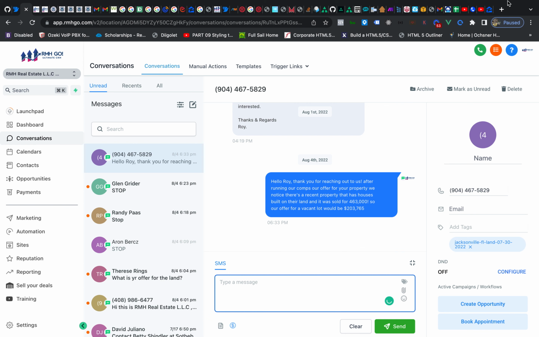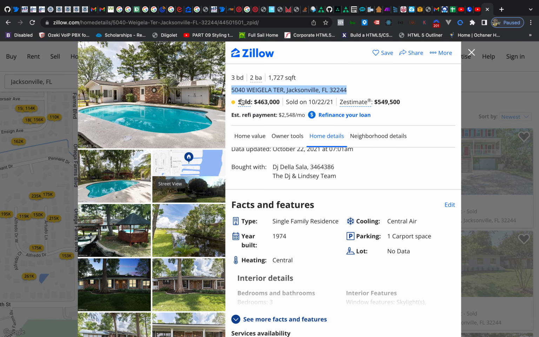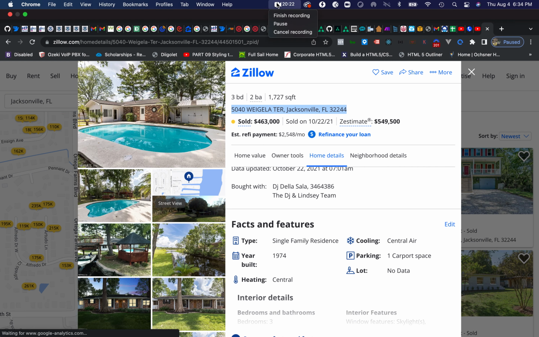A perfect example again is this house was sold for 463,000, and this guy's asking 600,000 for his land. There's no house built on the land, so it doesn't have that much value. So we're offering half of that house value for his land, because the house was sold for 463, so I offered half. That's why my 30% came into play. If you did 463 times 0.5, it would give you 200 something thousand, which was my offer. If you have any questions, please don't hesitate to ask. Bye.